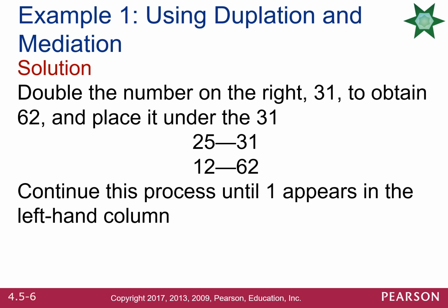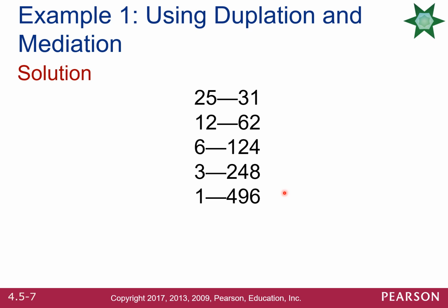So continue this process until 1 appears in the left hand column. So after halving and doubling all the values on the left hand side and the right hand side, again, to repeat, we have all the values on the left hand side, ignore the remainder. On the right hand side values, we are multiplying by 2.